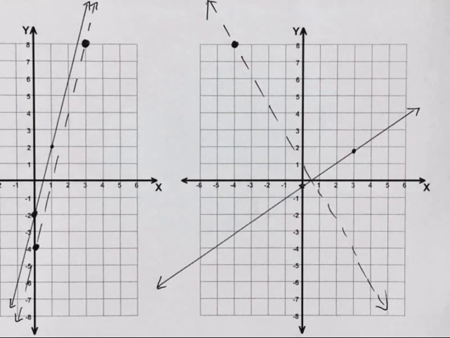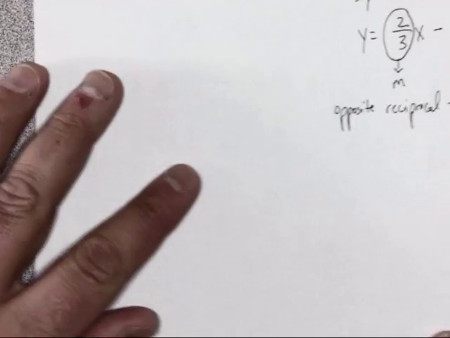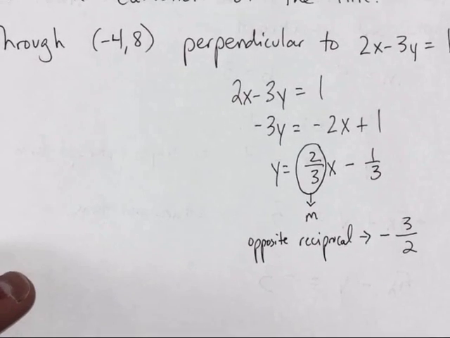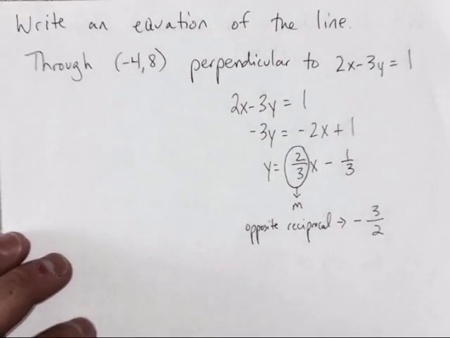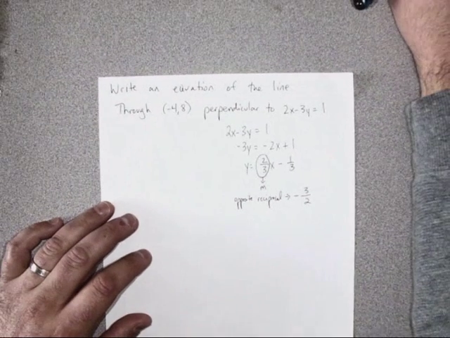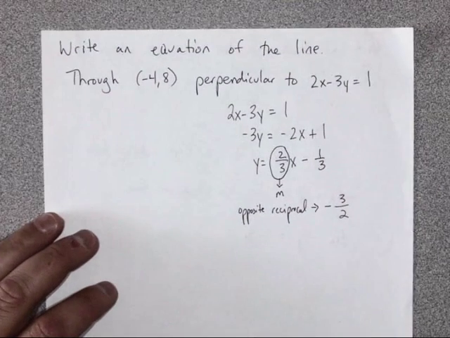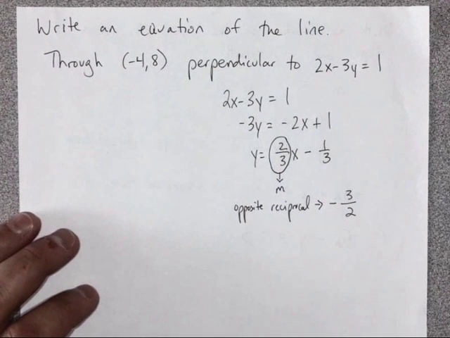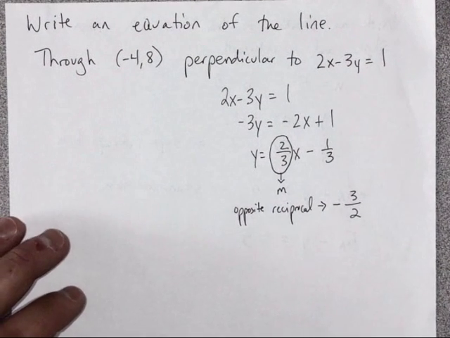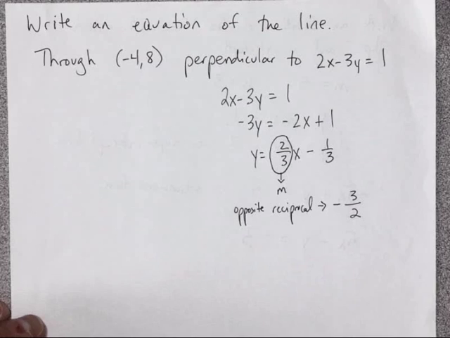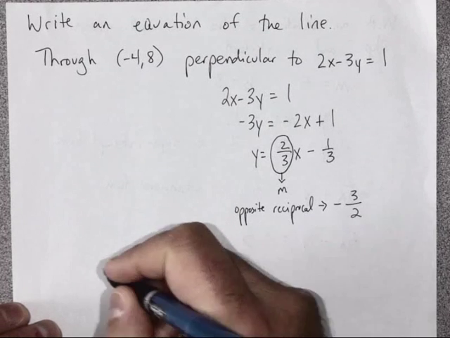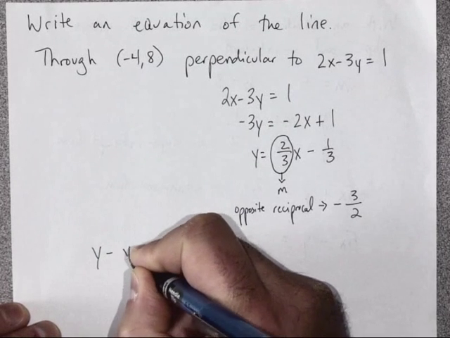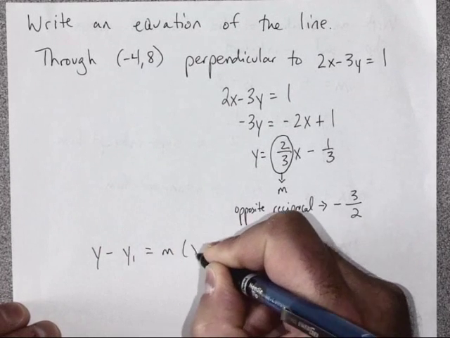Alright, so let's write the equation of that dotted line. So we're well on our way. We've got the slope using the opposite reciprocal. So now we can use point slope since we have a point and we have the slope. So point slope, remember, looks like this.